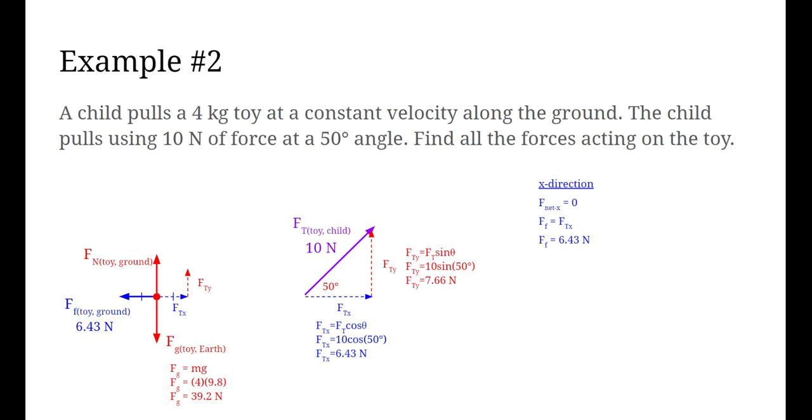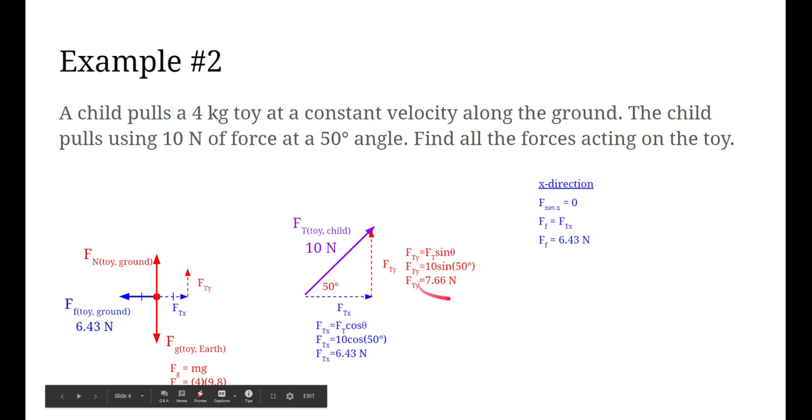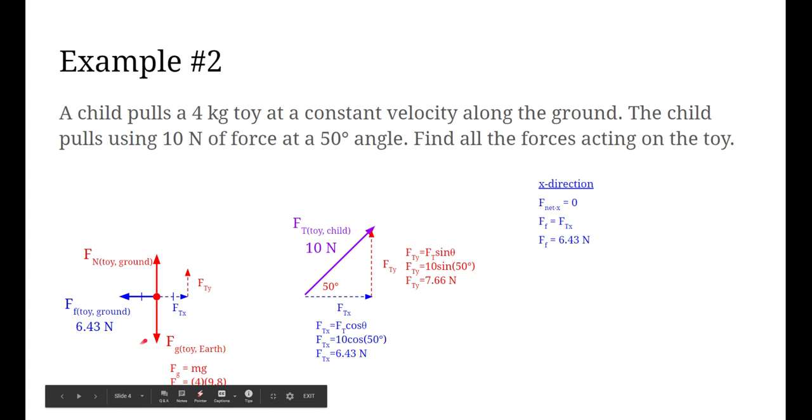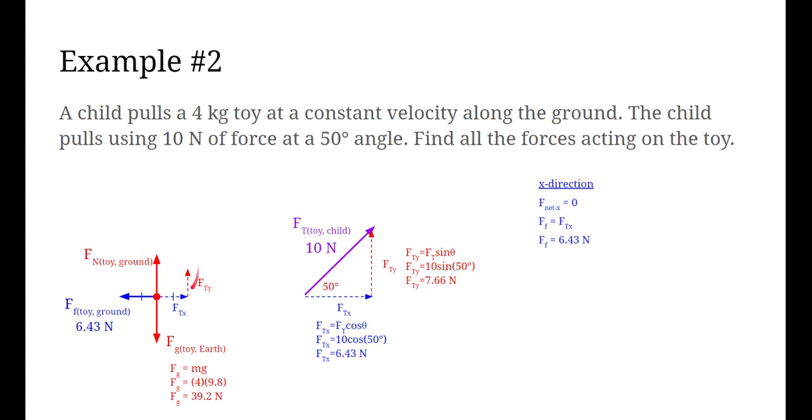But we can see very quickly that 39.2 newtons and 7.6 newtons aren't equal. And that's okay because they don't have to be equal since there are three forces in the vertical direction. What that means is that the gravitational force is 39.2 newtons down, and so there needs to be a total of 39.2 newtons pulling or pushing up on the toy as well.